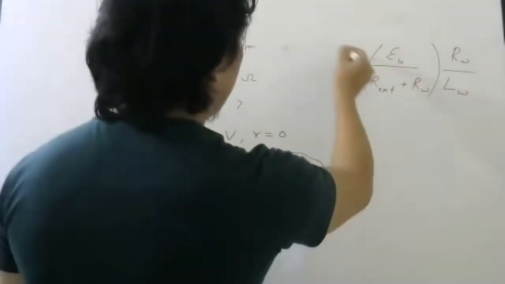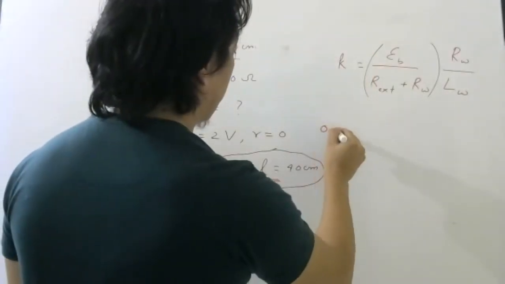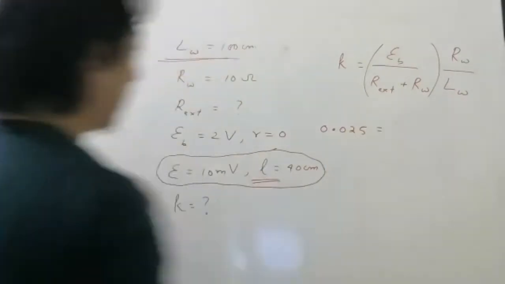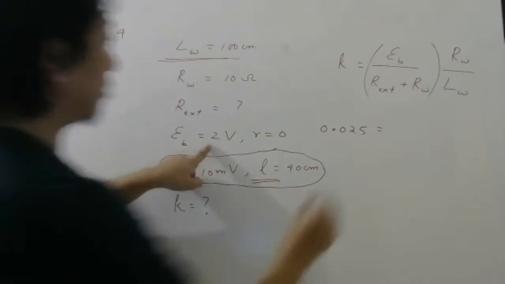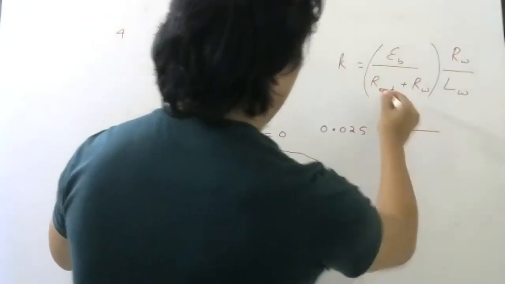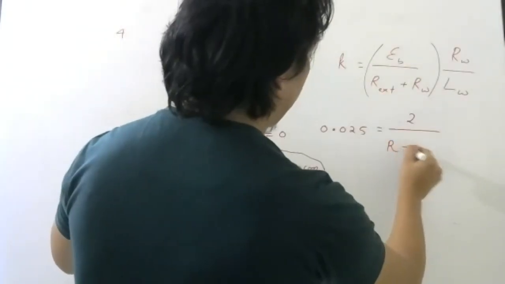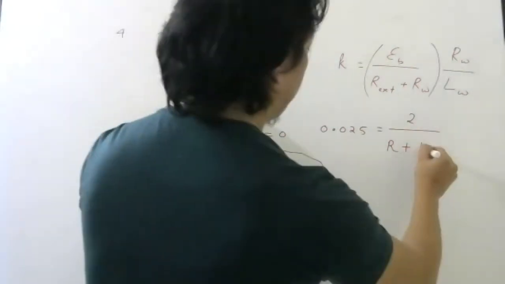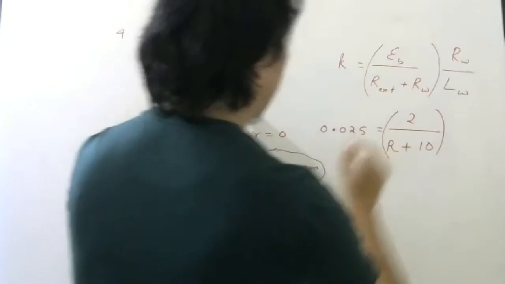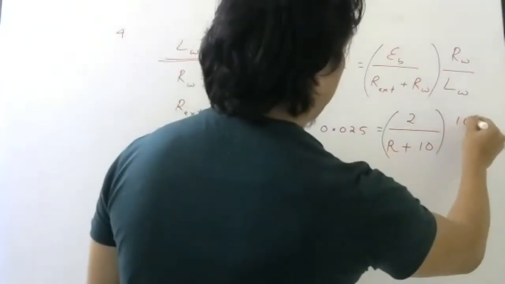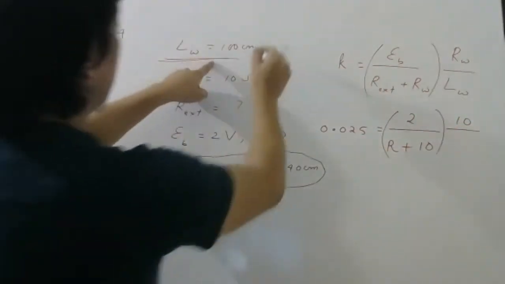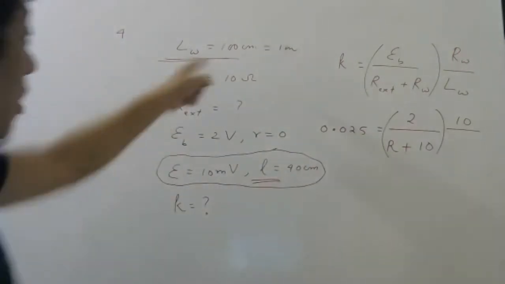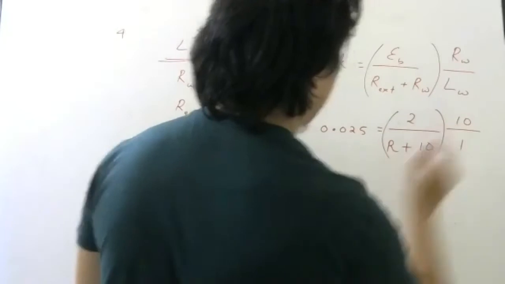This time they have given you K, which is 0.025. The EMF of the battery is 2 volt. R external, let me write simply R, is what we have to find. R of the wire is 10 ohm. The length of the wire is 1 meter because I am using SI units, since 100 centimeter means 1 meter.